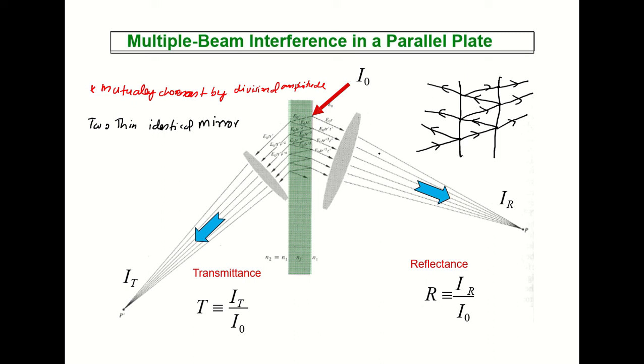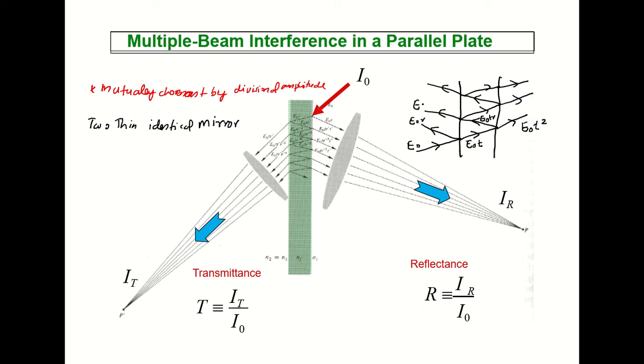So this is E0 and this is E0R, that is a reflected wave, and this is E0T. Then we have E0T twice, so we represent E0T square, and this we represent as E0TR, because once it's transmitted then it's reflected.